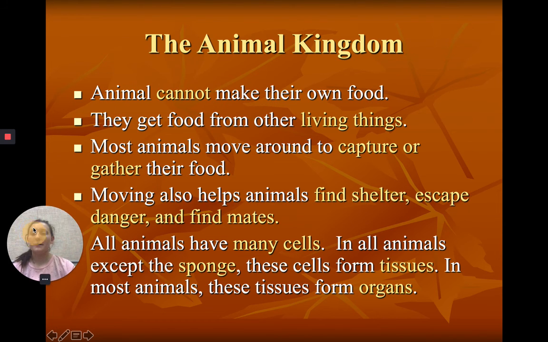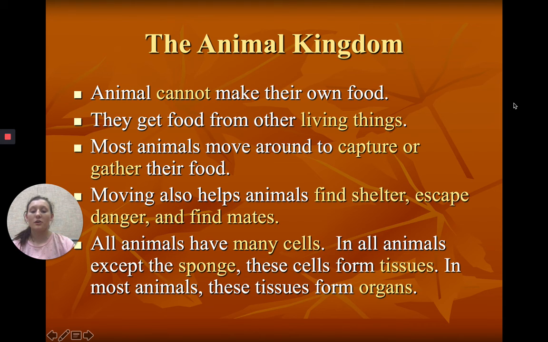All right, and we're going to finish off here with talking about the animal kingdom. Animals cannot make their own food. They get food from other living things such as plants. Most animals move around to capture or gather their food.